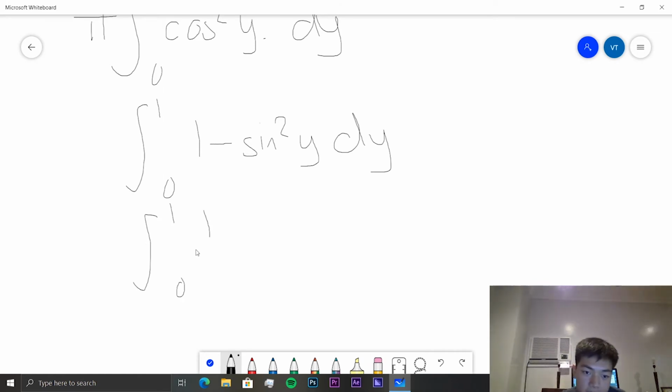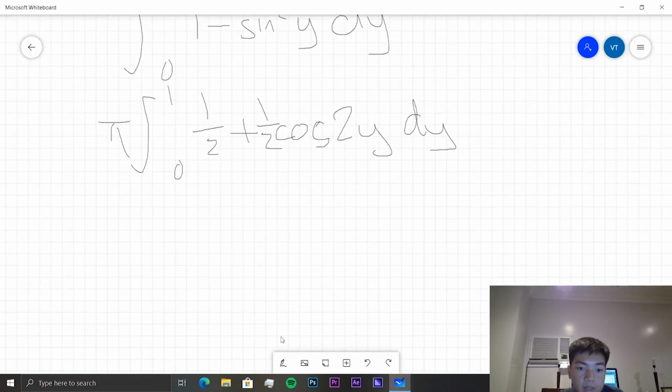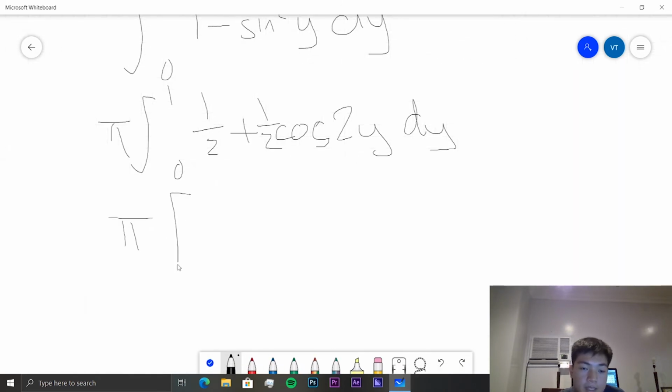Which is equal to the integral between 1 and 0 of 1/2 plus 1/2 cosine 2y dy, pi times all of that. So this is equal to pi times 1/2 y plus 1/4 sine 2y.